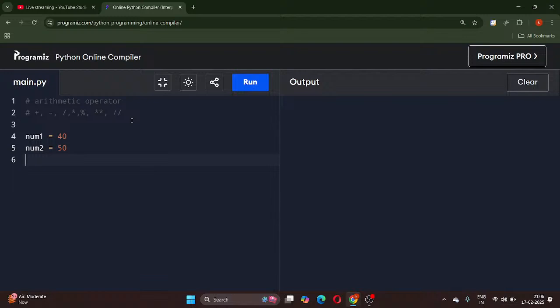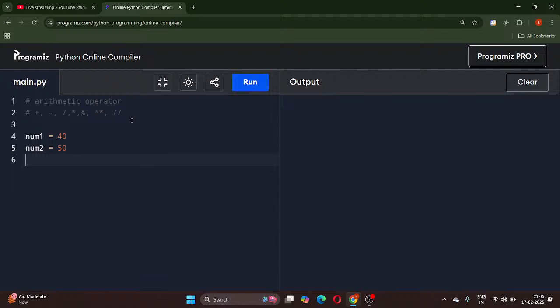The work of this operator is that it takes the right hand side, evaluates it, and after evaluation puts the value of the right hand side into the left hand side. The right hand side could be a single constant value like 40 and 50, an expression, a function call, or anything. First of all, the right hand side of the equal to operator is solved, and after the solution, that value is given to the left hand part, and the left hand variable will contain that answer.